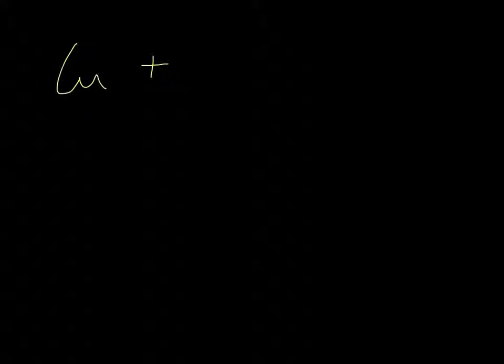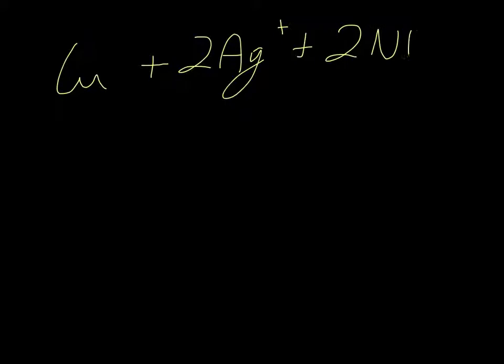So it's going to be plus 2Ag plus 2 NO3 minus. It's going to yield... remember, the copper and the Ag, their charges are changing.